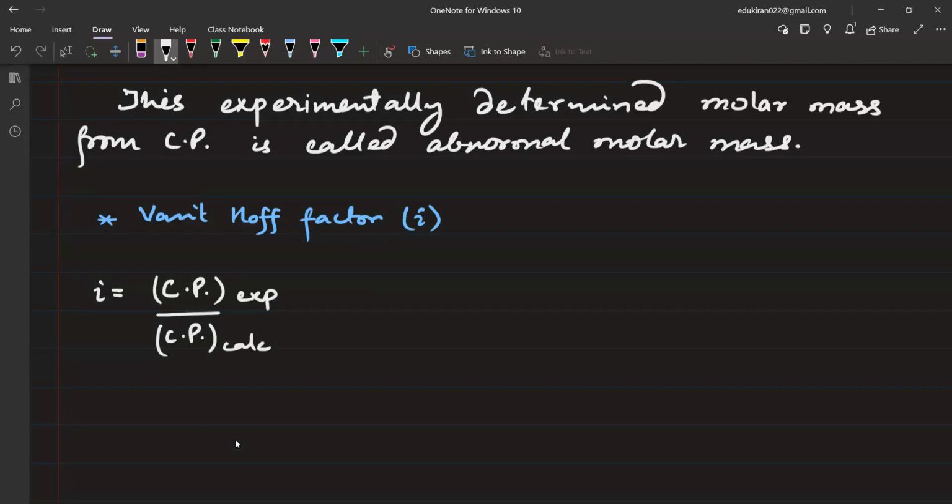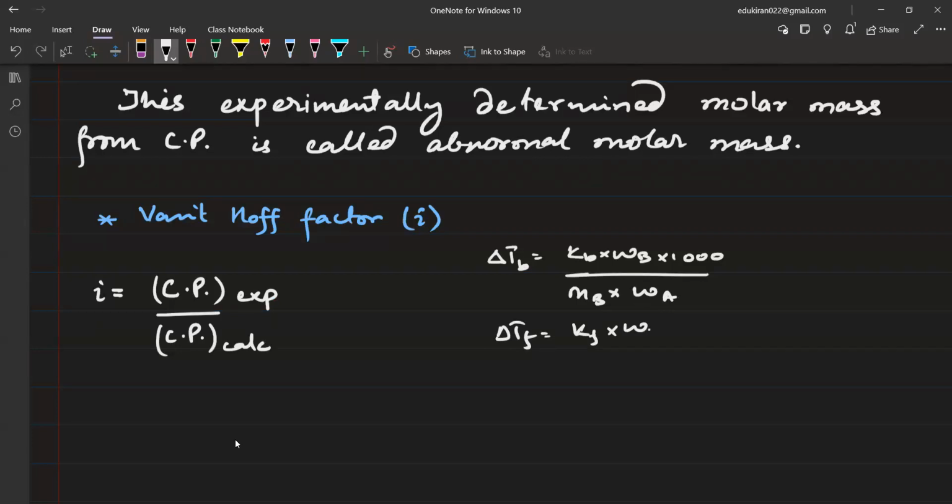Now, please remember, if you look at any colligative property, let us see ΔTb, it is equal to Kb into WB into 1000 divided by MB into WA. If you see ΔTf, it is also equal to Kf into WB into 1000 divided by MB into WA.